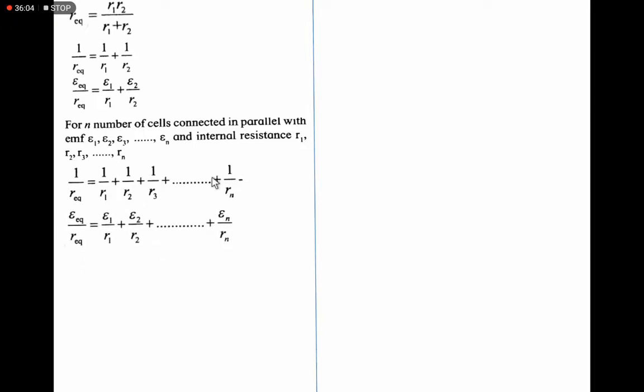Similarly, here you can write the ratio of the EMF of the equivalent source to the internal resistance of the equivalent source in this way.